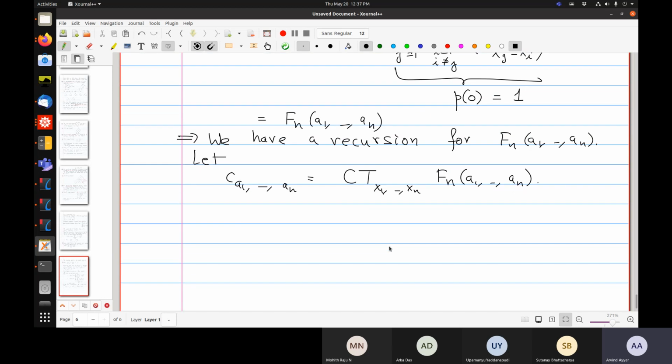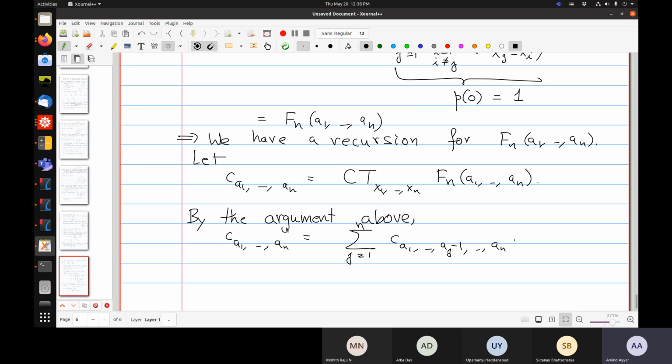Right? By the argument above, C of a_1 up to a_n is equal to the sum j equals 1 to n of C of a_1 up to a_j minus 1, up to a_n. Everything is the same except a_j is reduced. So the strategy of the proof should be clear by now.